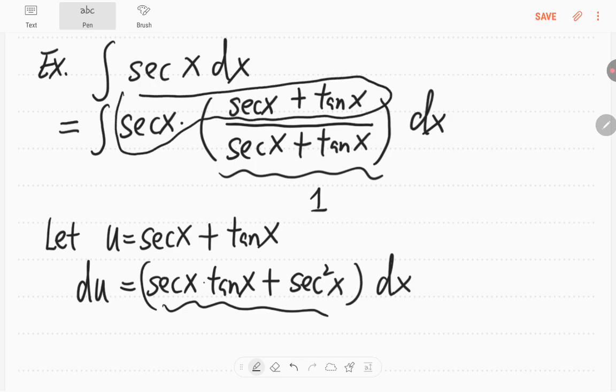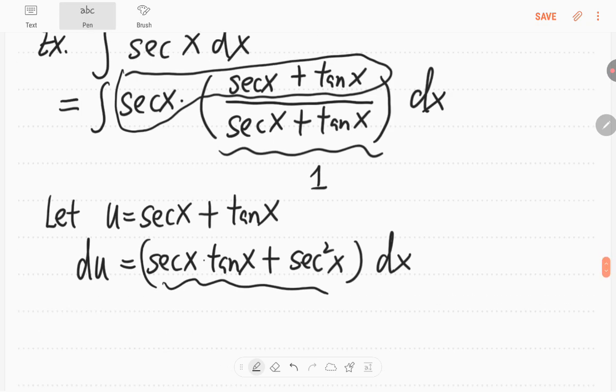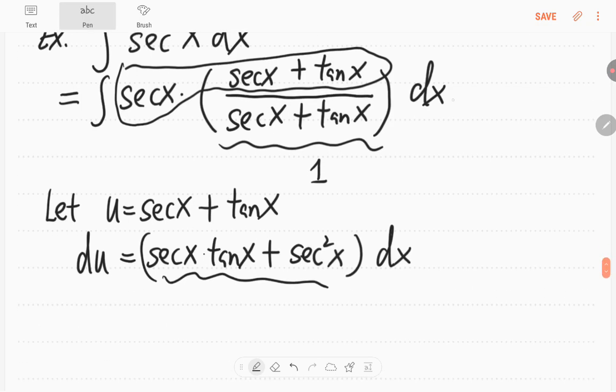So you can rewrite this as the integral of 1 over the denominator u, times the top, secant x times secant plus tangent dx, which is du.